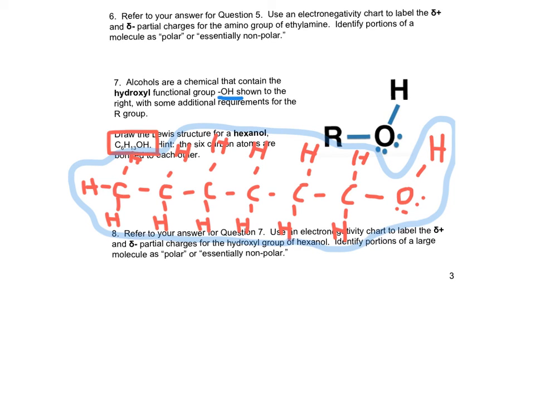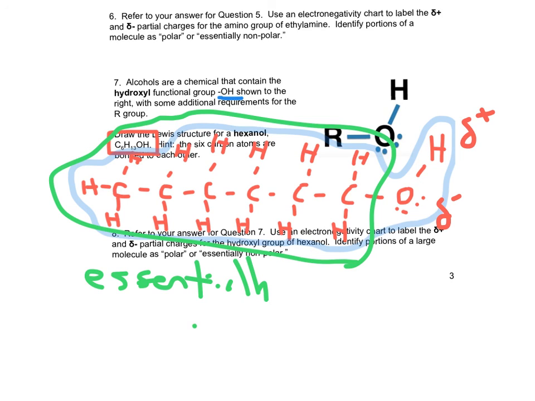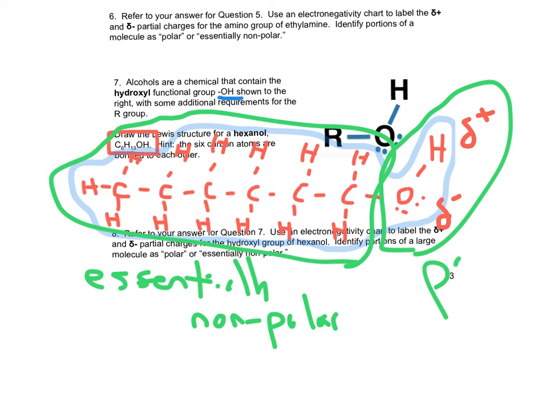So using my electronegativity chart, the O is delta minus, the H is delta plus, and the rest of this molecule here, I know this is probably getting messy at this point, my apologies, is all essentially nonpolar. I'm writing fast, I'm over 10 minutes. And this is the polar part of the hexanol molecule. Thank you.